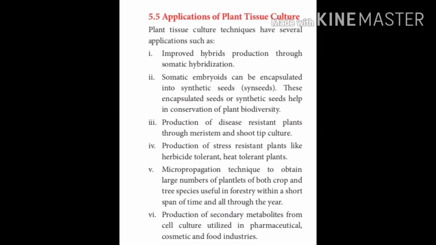The third would be production of disease-resistant plants through meristem and shoot tip culture. The fourth importance is production of stress-resistant plants such as herbicide-tolerant and heat-tolerant plants. The fifth importance is micropropagation technique to obtain a large number of plantlets of both crop and tree species useful in forestry within a short span of time and all through the year.